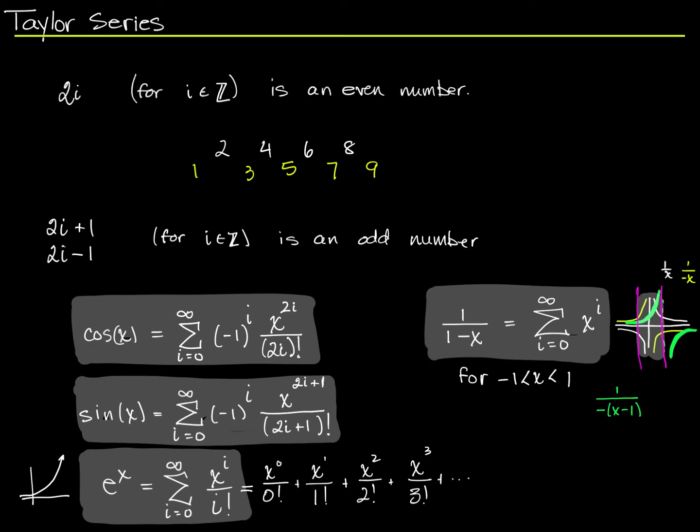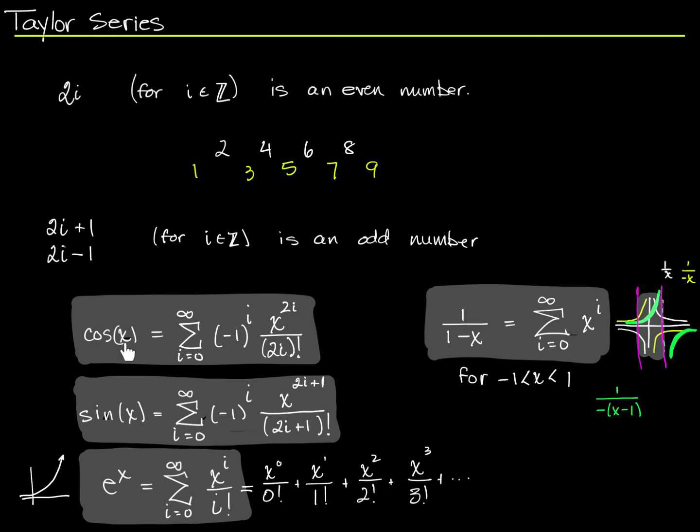As it turns out, and this is an important point to make, unless you have a restriction like this, it's true that this equality, this Taylor series here, is equal to the cosine for every value of x. So if I plug in the value of pi over 2 here, and I replace this x with pi over 2, and then I start adding up my terms, I'm going to get a true statement.